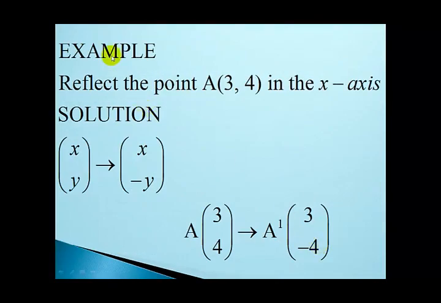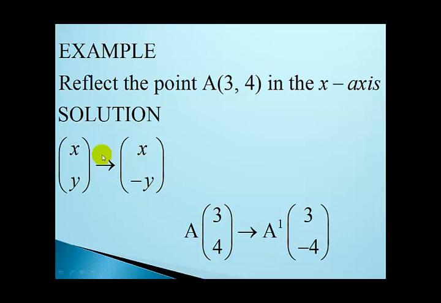Now, example. Reflect the point A(3, 4) in the x-axis. We know that for reflection in the x-axis, the rule is (x, y) maps to (x, minus y).